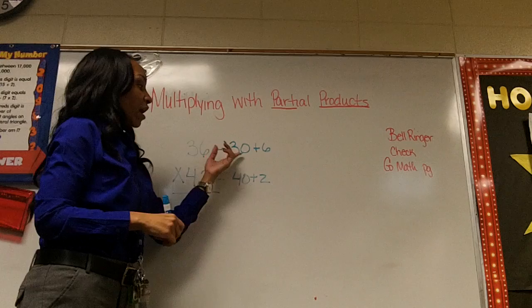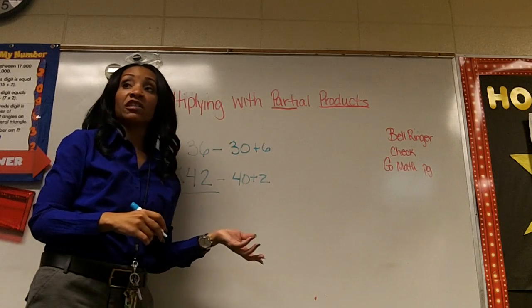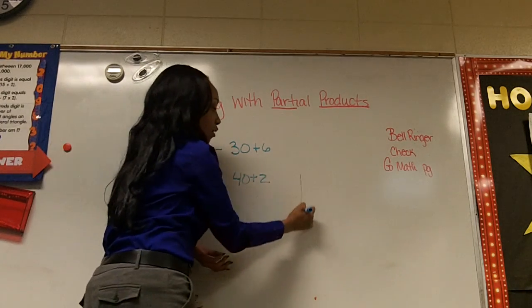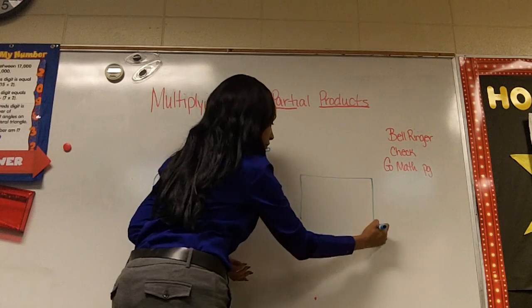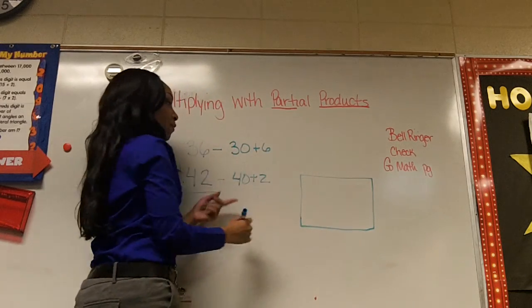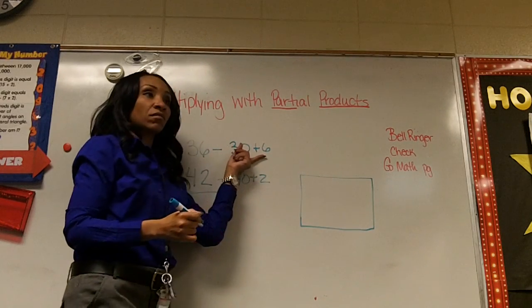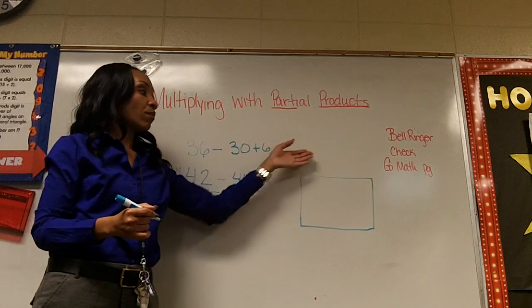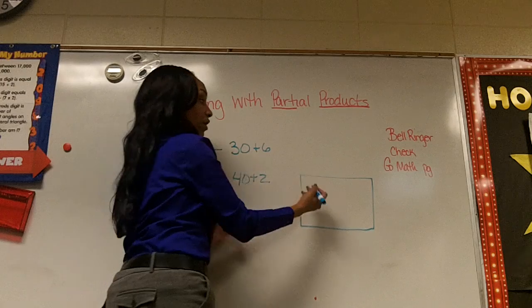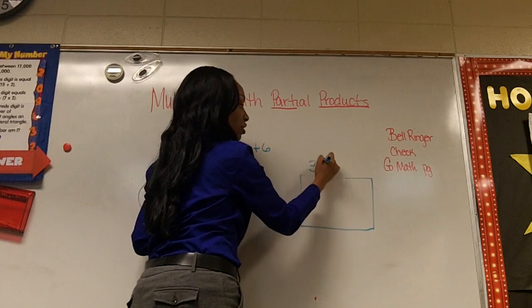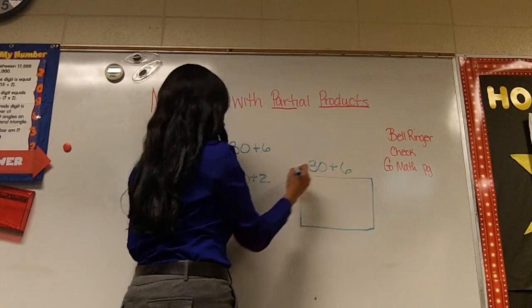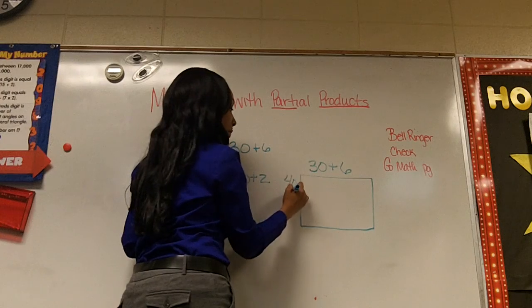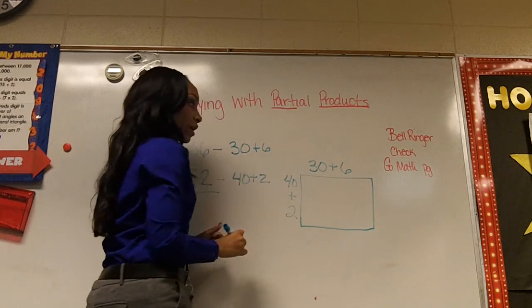Now, after I've broken my number down by place value, then I want to draw a rectangle. And I'm going to put these addition problems that I created with place value on my box, on my rectangle. So I'm going to put the 30 plus 6 here, and I will put the 40 plus 2 here.